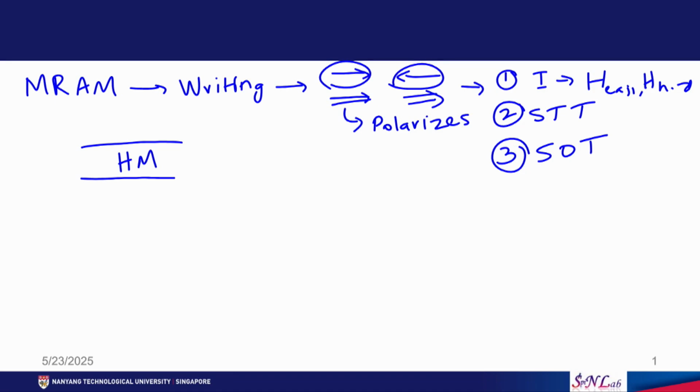So when you send a stream of electrons, one type of electron goes to the top surface, another type goes to the bottom surface. If you have a ferromagnetic layer on top of a heavy metal, these spins get accumulated there, and we can use these spins to switch magnetization. Based on this method, we can have SOT MRAM.